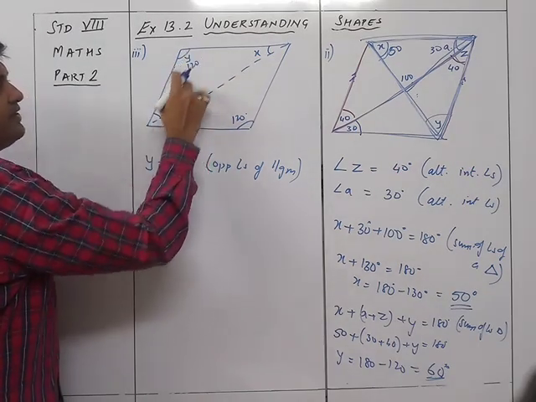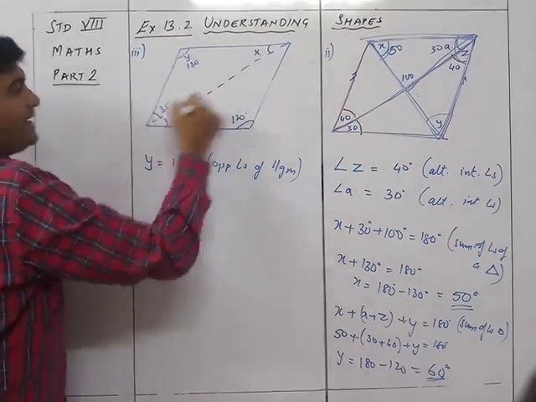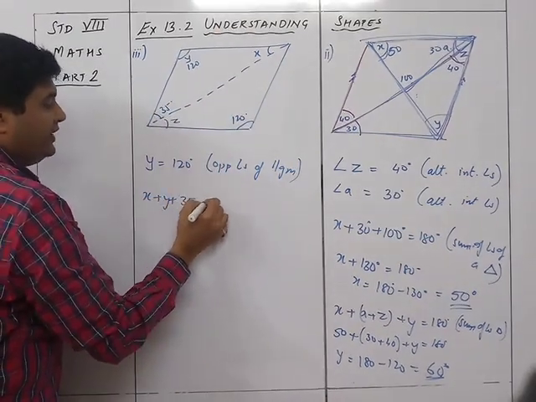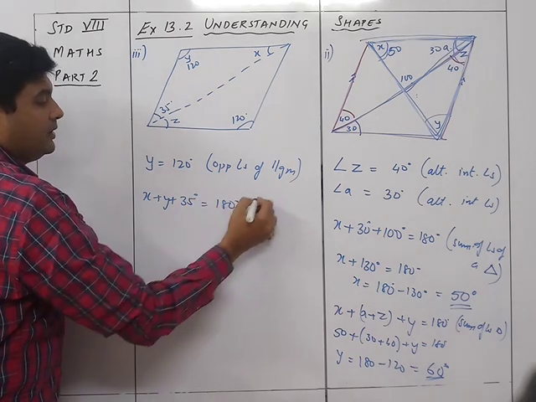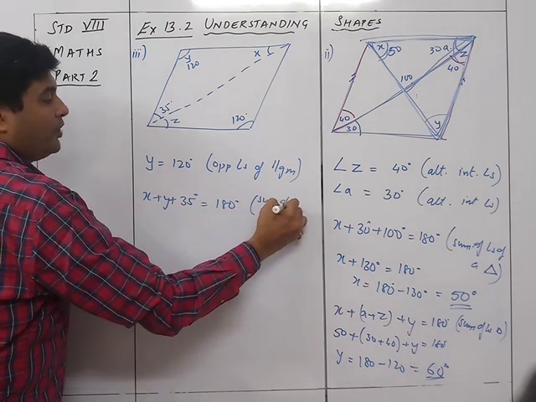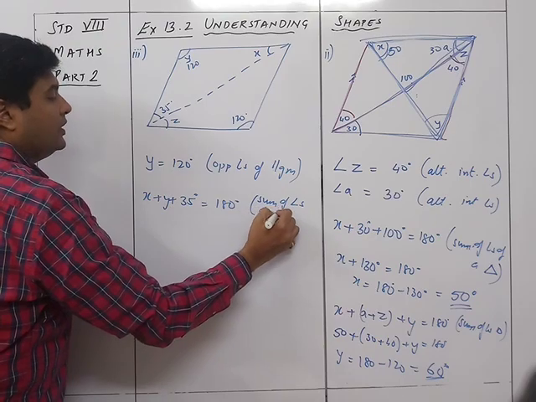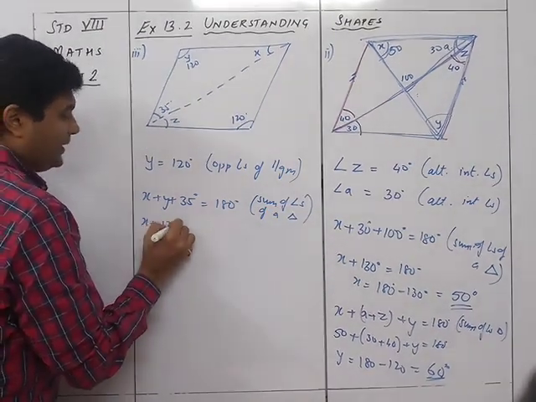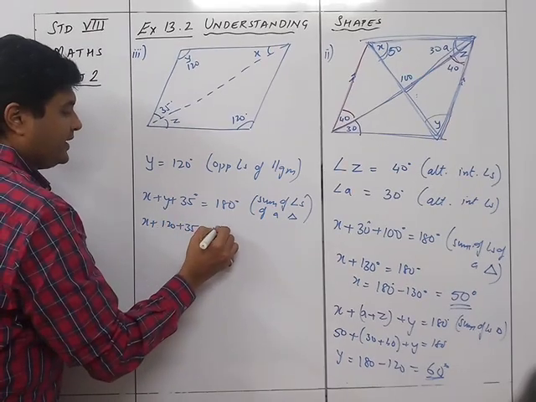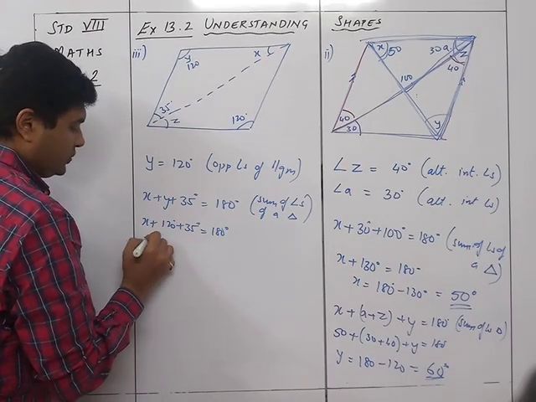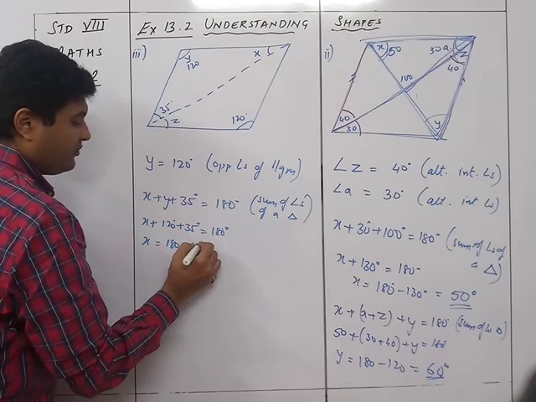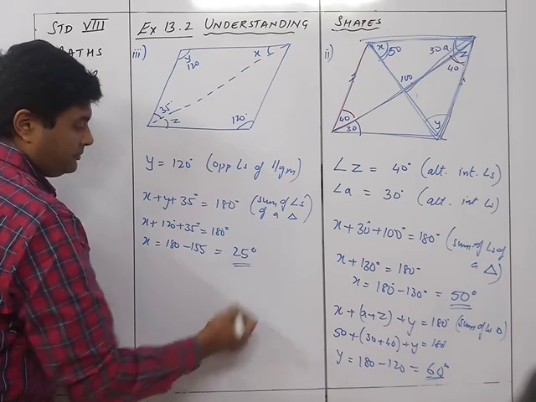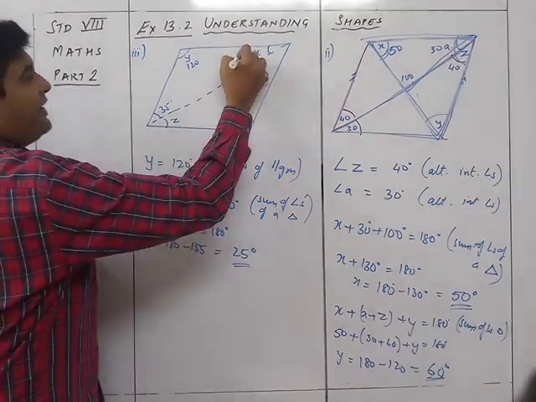Now I know that this is 35, this is 120, and this is x, so this is forming a triangle. So I know that x plus y plus 35 is equal to 180 degrees, sum of angles of a triangle. So that means x plus 120 plus 35 is equal to 180 degrees. So x is equal to 180 minus 155 is equal to 25 degrees. So x is 25 degrees.